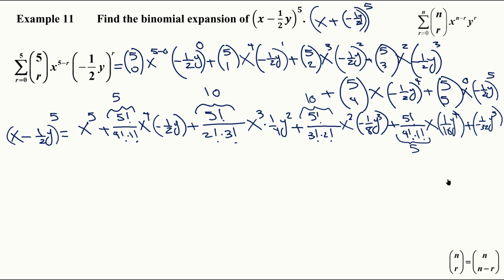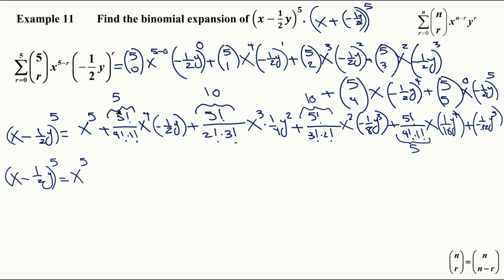All right, so we're almost there. So the 5th power of x minus 1/2 y is going to be x to the 5.